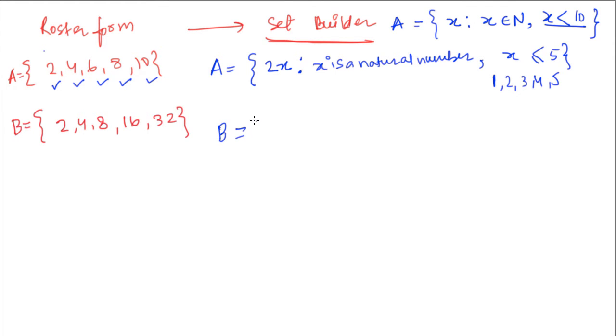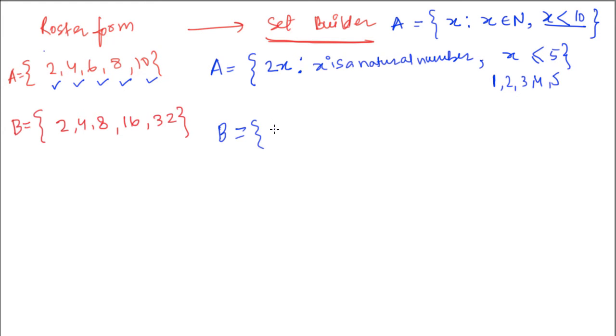Set B. Now again, if you observe, these are not multiples of 2. Because 2 into 1 is 2, 2 into 2 is 4, but 2 into 3 would be 6. Here it is 8. So these are powers of 2. 2 to the power 1 is 2, 2 to the power 2 is 4, 2 to the power 3 is 8, 2 to the power 4 is 16, 2 to the power 5 is 32.